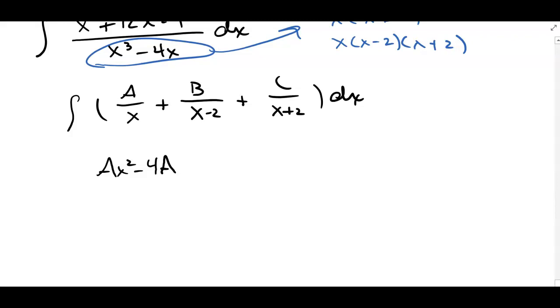Second term, I need the x plus 2 times the x, so x squared plus 2x. So Bx squared plus B 2x, or 2Bx. Let's do it that way. And the last one's going to be, of course, x times x minus 2, x squared minus 2x multiplied by C. So it's Cx squared minus 2Cx. Okay?